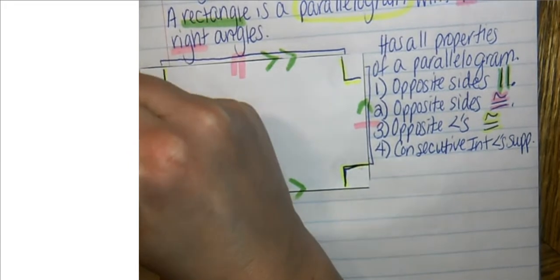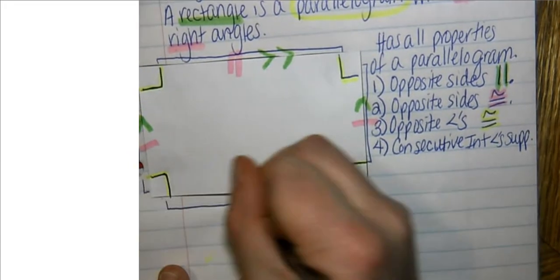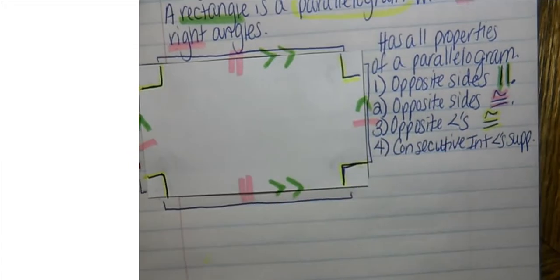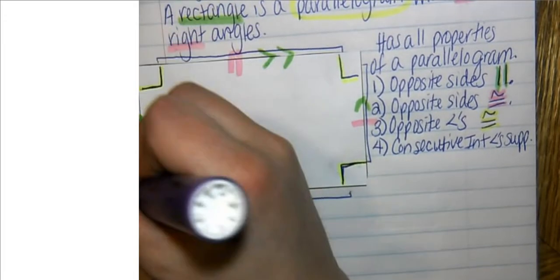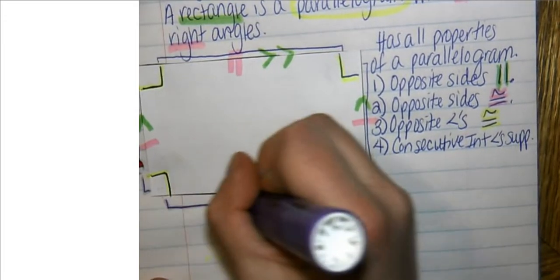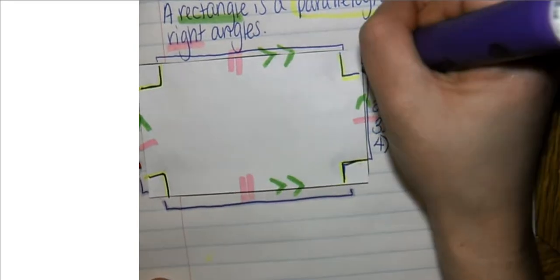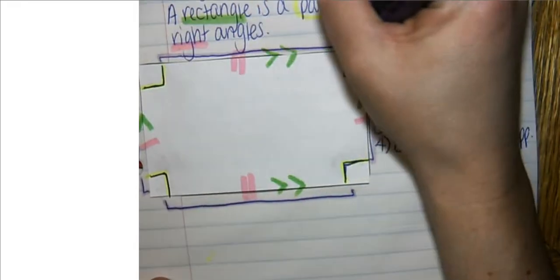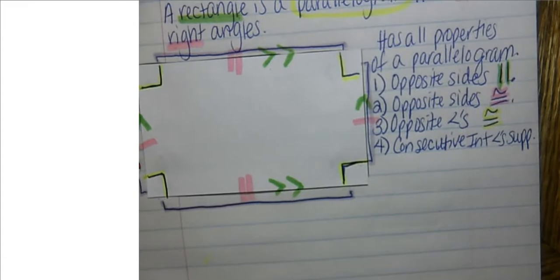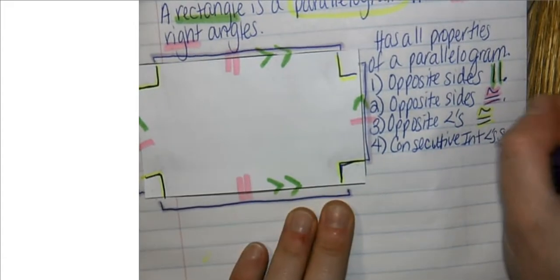That is true for all four pairs. So yes, that is true. My consecutive interior angles are indeed supplementary. So it still is following the same properties of parallelograms with respect to consecutive interior angles being supplementary.